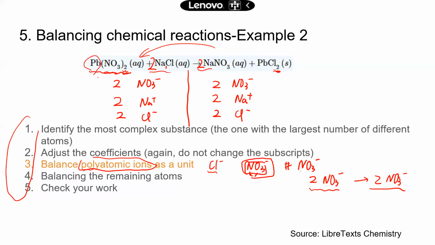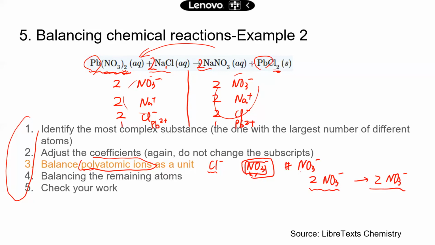You have 1 lead on the reactant side, and 1 lead on the product side. So lead is also balanced, right? Again, you do not need to do anything. And this kind of happens to a lot of chemical reactions. If you do everything correctly, oftentimes after you adjust 2 to 3 things, everything else will be balanced. So you can just keep the numbers.